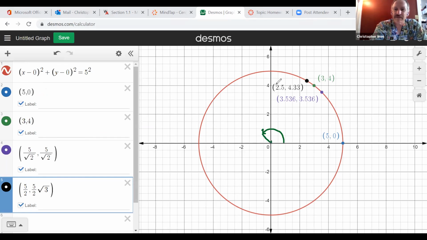It's a 135-degree angle, so it looks something like that. And we want to find where that angle intersects with the circle of radius 5. So we need to find the x and y coordinates of this point.